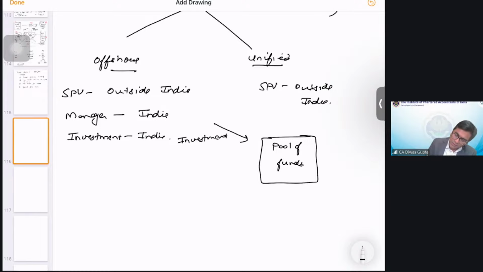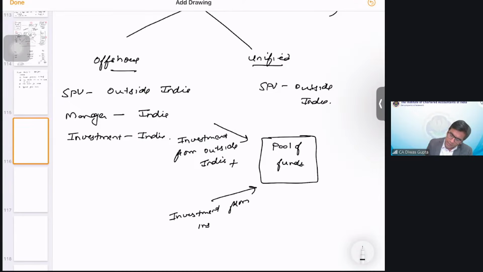Investments from outside India plus the investments will also happen from within India, from inside India.